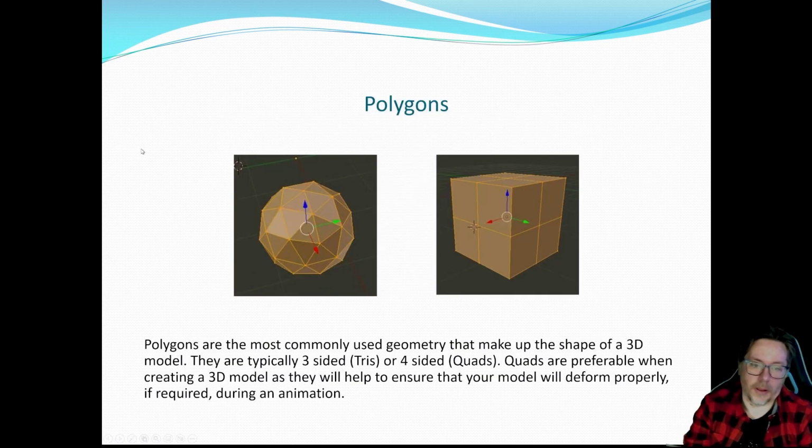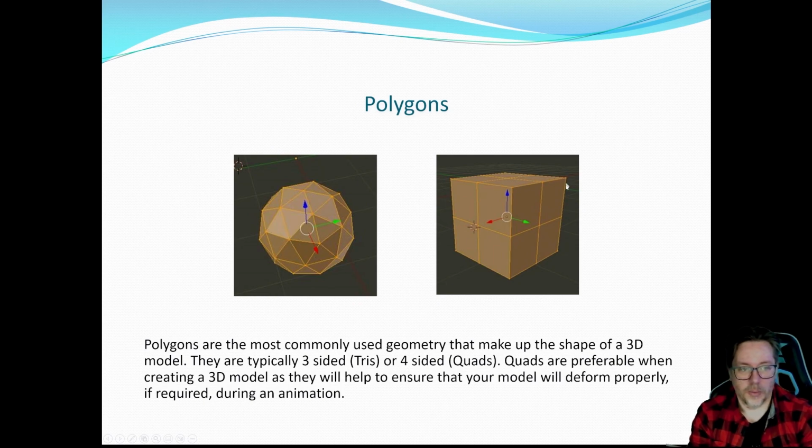So polygons, what are polygons? Polygons are the most commonly used geometry that makes up the shapes of a 3D model. And they're typically 3-sided, or tris, or 4-sided, quads. As you can see in these two examples, the polygon is the triangle bits in the middle that make up the whole shape. So it's basically taken the surface of the sphere and divided it into these triangles, these tris.